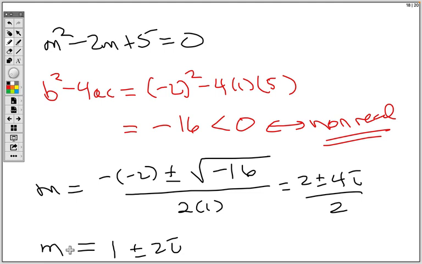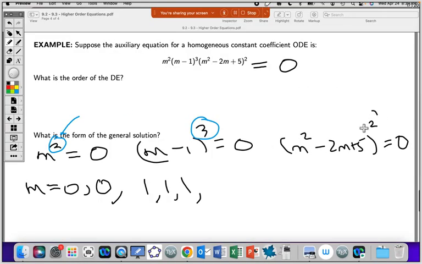And so from this quadratic, we're getting two solutions: 1 plus 2i and 1 minus 2i. So that quadratic gave us two different answers, but this quadratic itself has multiplicity 2.